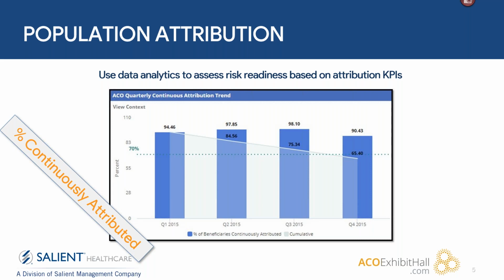However, by Q4 2015 here, we see that continuous attribution drops to just over 65%. Red flag, this corresponds to a churn rate of over 35%. This change is an opportunity to dig deeper to find out why. So let's take a look at some of the data that will help solve this problem. And Ryan, guide us through the next steps.